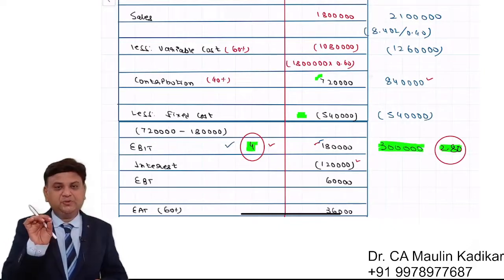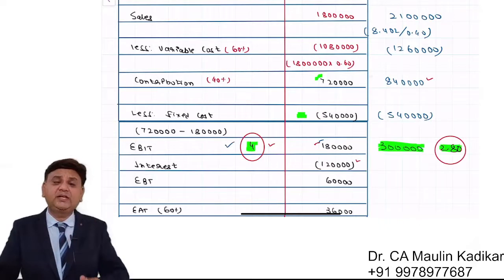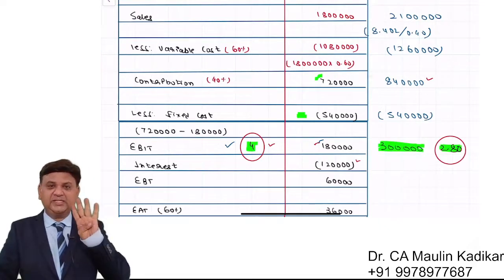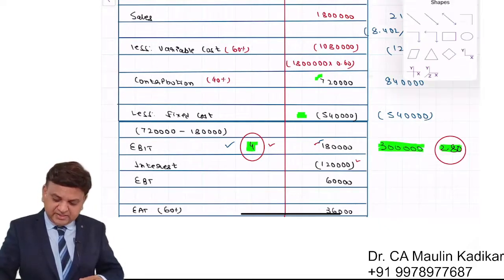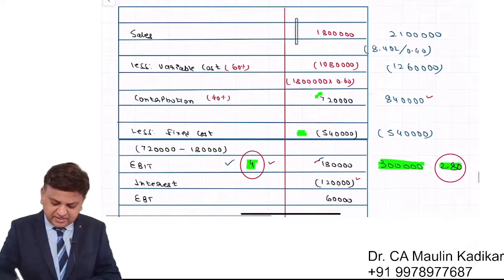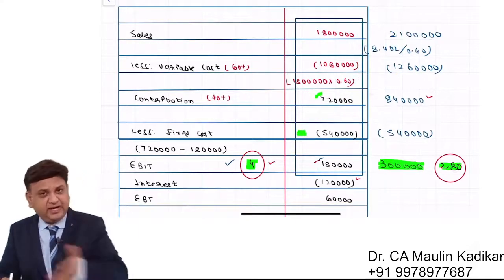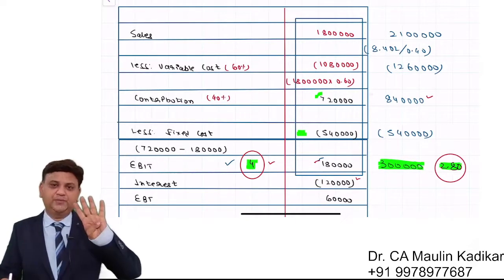The absolute amount of the leverage will keep on changing with a different level of operating income or different level of sales. So the DOL is right now 4. What does it mean? It means that whatever the existing operating level that we have at that point of time, DOL is 4.